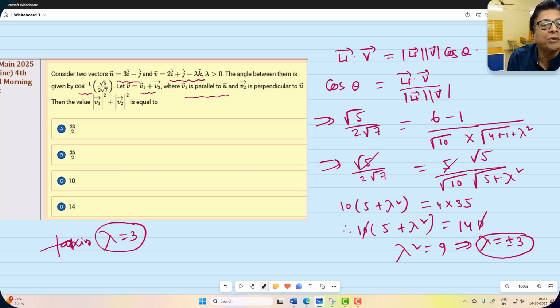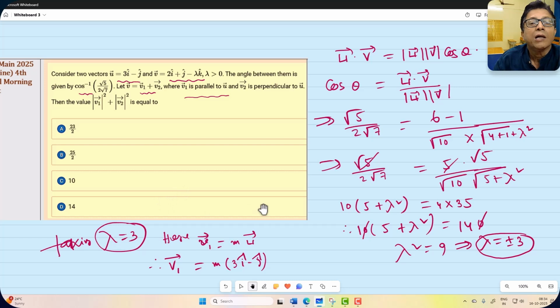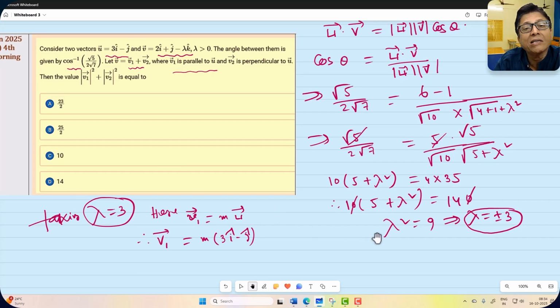V1 is parallel to U. U is given. V1 can be taken as some scalar multiple of U, isn't it? So V1 vector is m into U, m into 3i minus j.